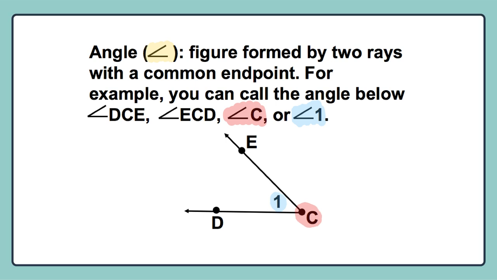If I have an angle by itself, I can name it by its vertex. But I can also name angles based on 3 letters. This one could be angle ECD, but it can also be called angle DCE.